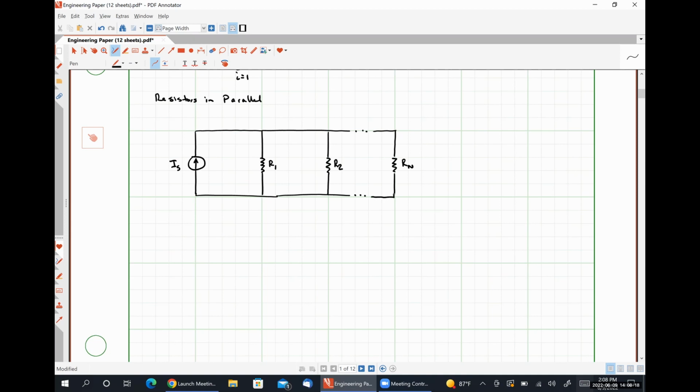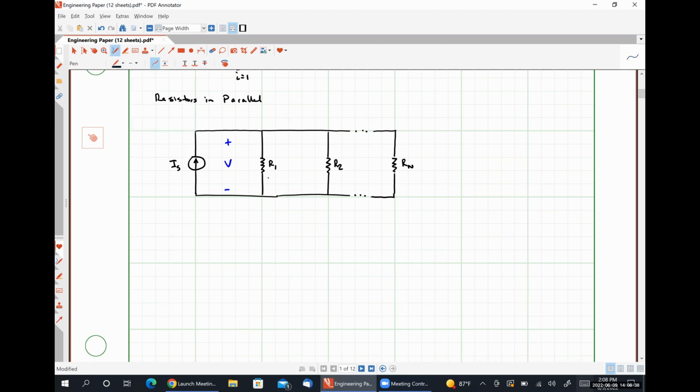Since all of these elements are connected in parallel, we will have a common voltage, which I will label V, and I am arbitrarily assuming the positive polarity terminal of the voltage will be on top, and the negative polarity voltage will be on bottom.